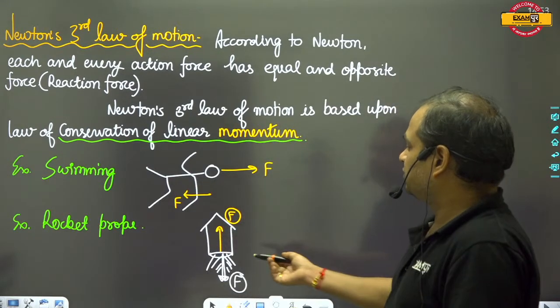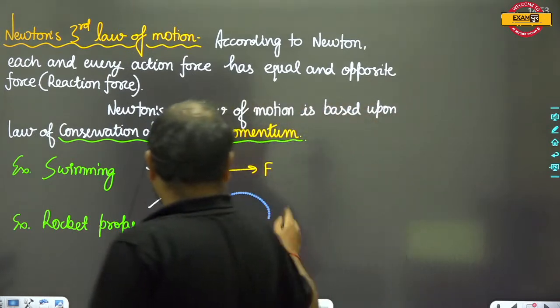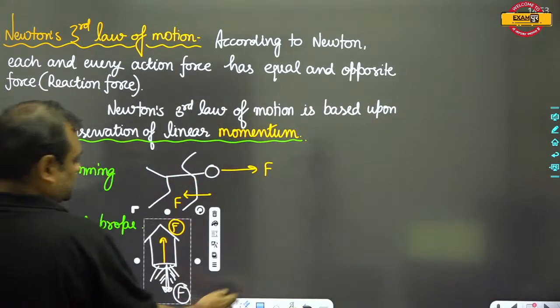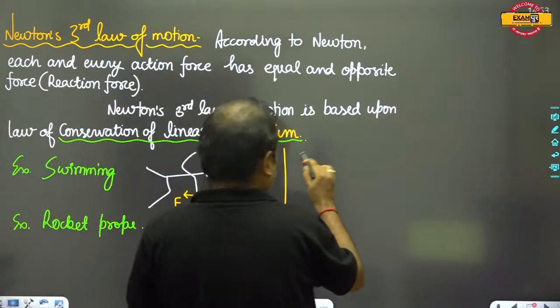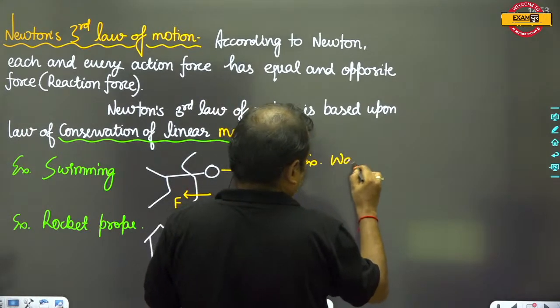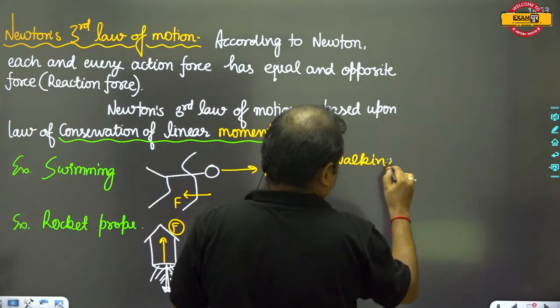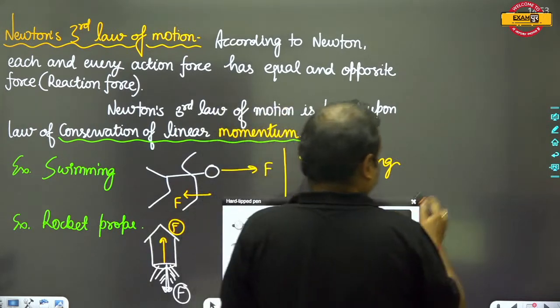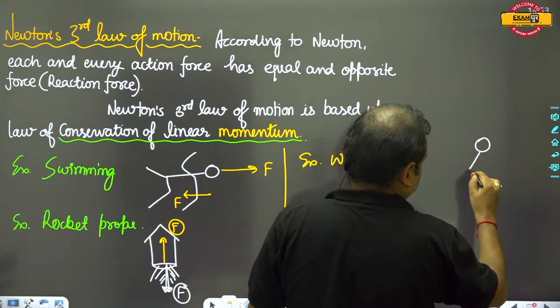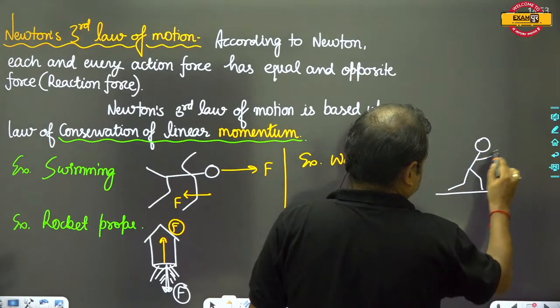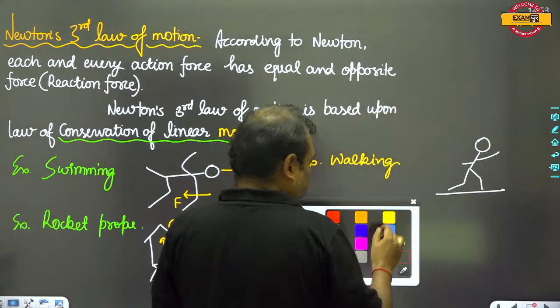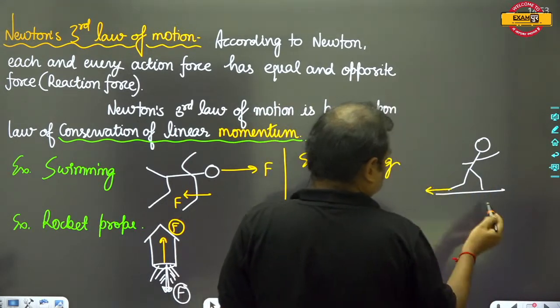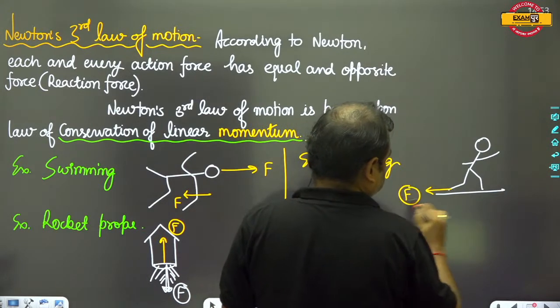So this is the rocket propulsion example. And suppose that walking on road. When we walk on the road like this, we apply a force on the earth in this direction, and this is action.